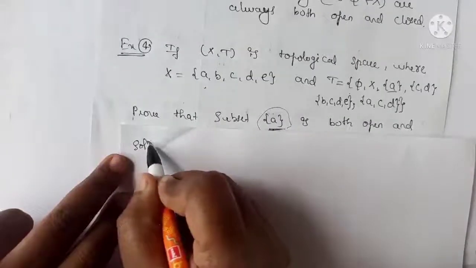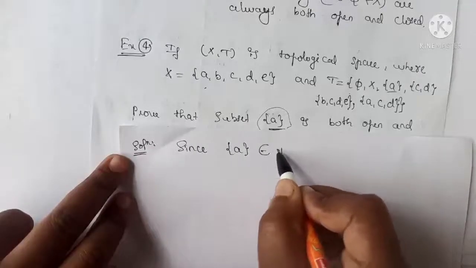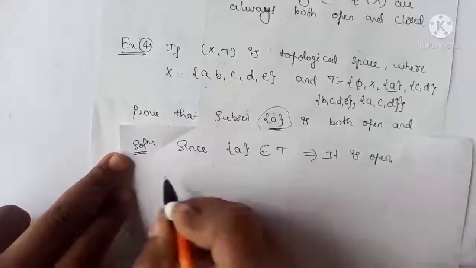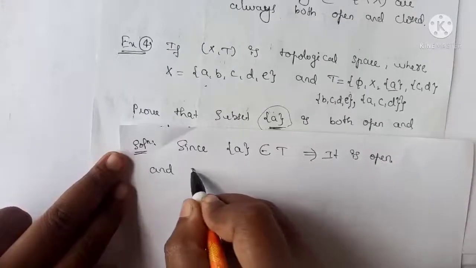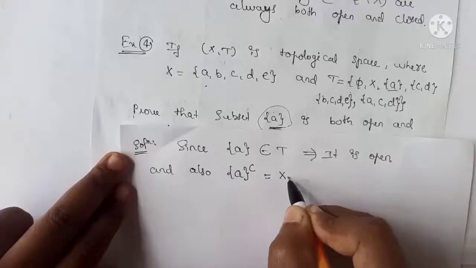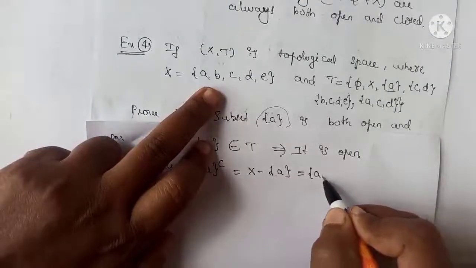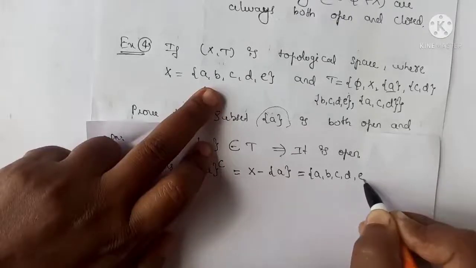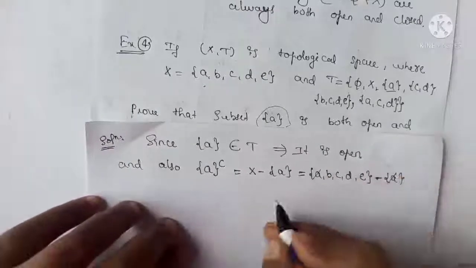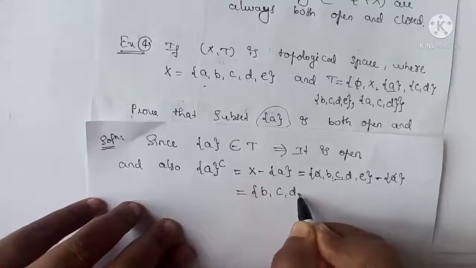Solution: since this subset A belongs to T, hence it is open. Similarly, if you consider the complement of A, it is equal to X minus A. We write the set X here: X is nothing but {a, b, c, d, e} minus this A. Cancelling this A, we just write the remaining elements b, c, d, e.